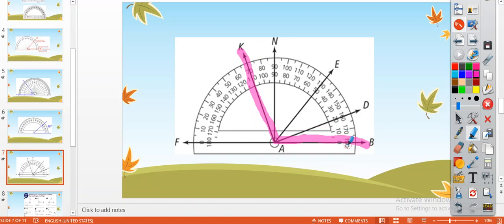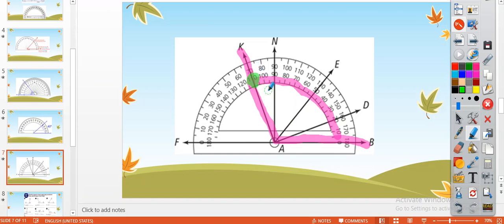Start from the 0, 10, 20 until, so follow the scale at the bottom. Where will it intersect? Yes, between 100 and 110. Be careful, it's not the 70 because we start from the 0 and go until it intersects with 110.